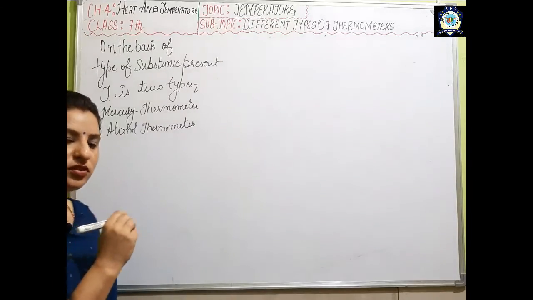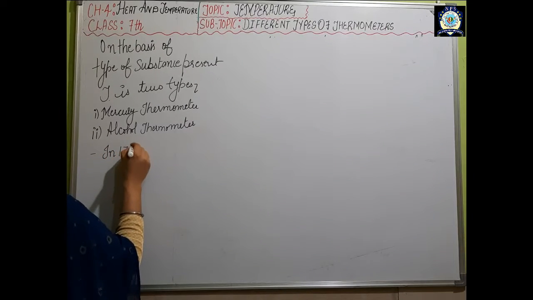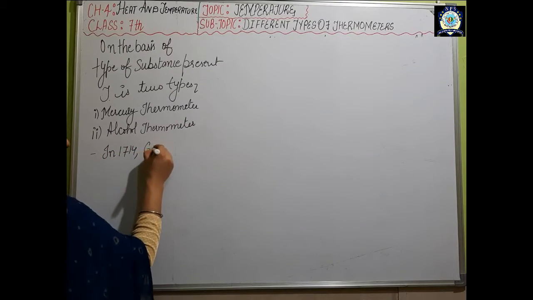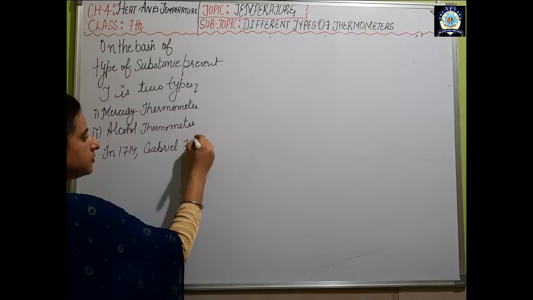Mercury thermometer was invented in 1714 by Gabriel Fahrenheit.